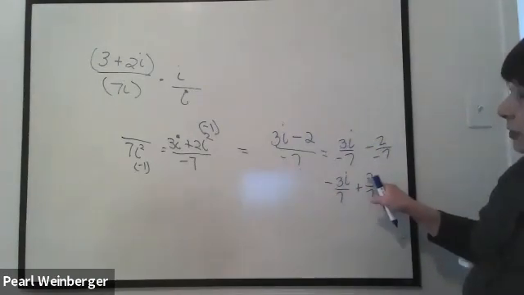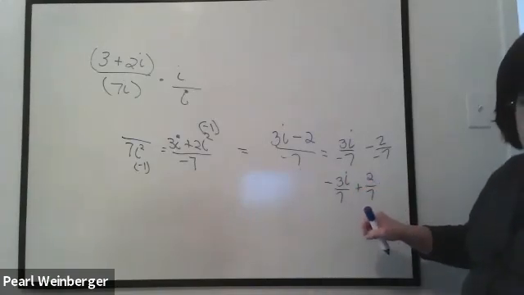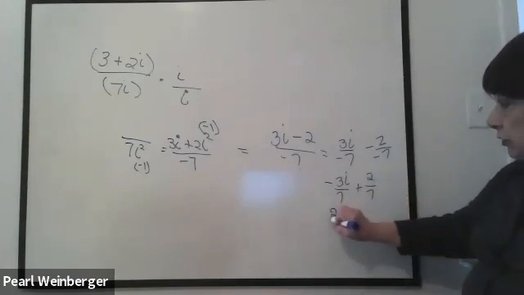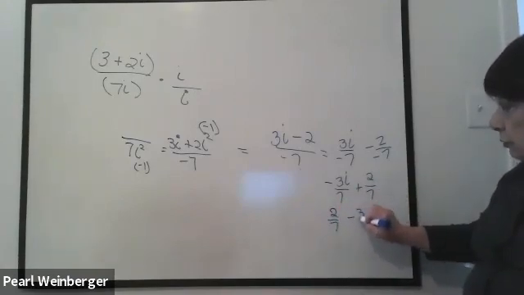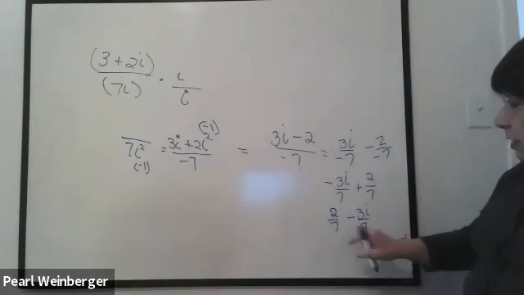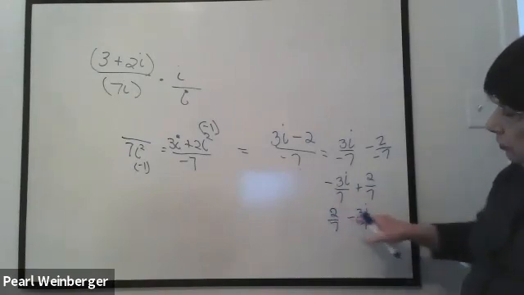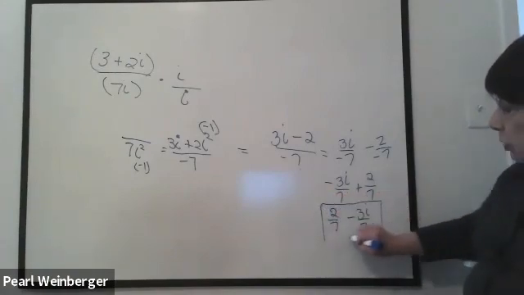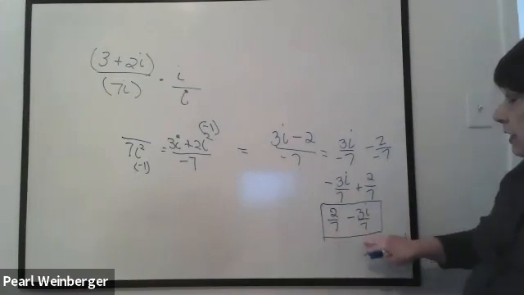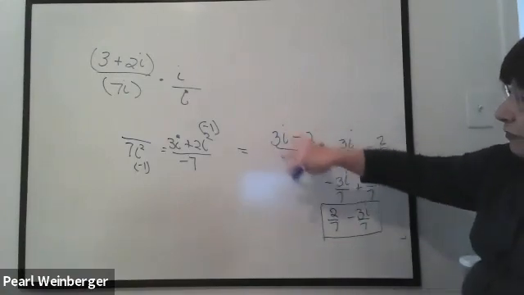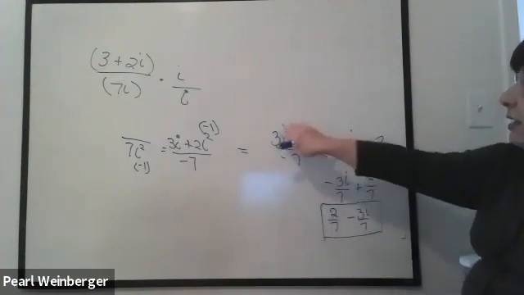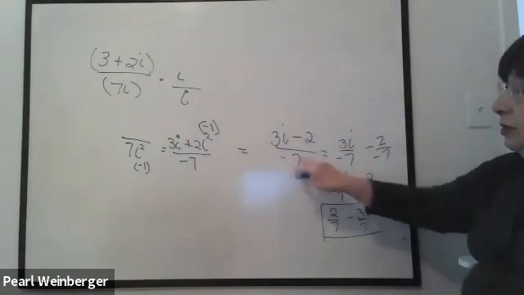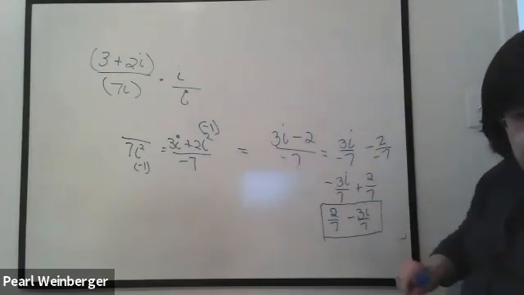If we want it in what we call a plus bi form, we have to put the 2 over 7 first, minus 3i over 7 second, because we want the real number first and the i number second. This would be the proper way to write in what we call a plus bi form. So what we do with our final thing to simplify it, we separate both terms and put them over the negative 7 individually.